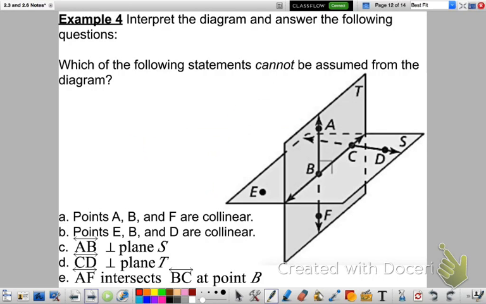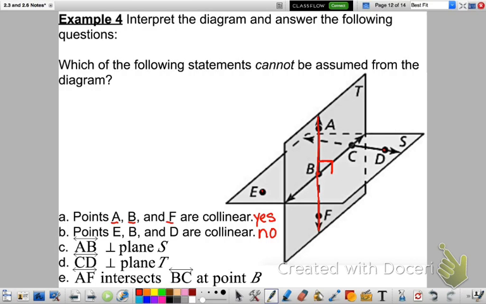Okay. Can we tell yes or no from the picture? A, B, and F. Are they on the same line? Yes. Next would be E, B, and D. We would say no because there is not a line drawn from E through B to D. On your paper it may be hard to see, but on this picture it's a little easier.